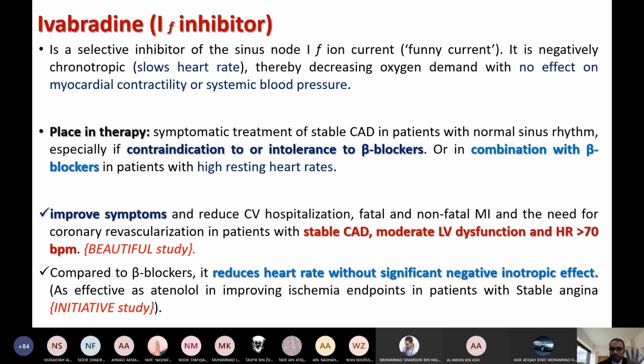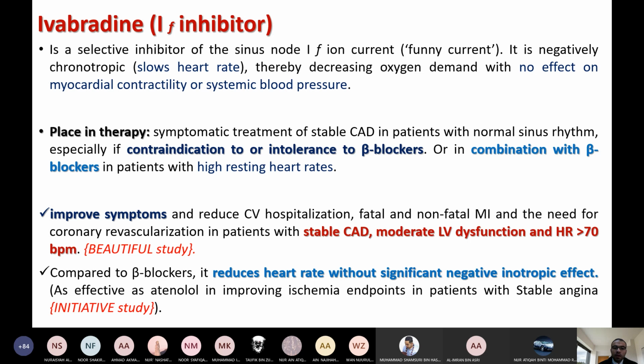As replacement therapy, it can be an option for patients who have contraindication or intolerance to beta blocker, or in some cases can be added on to the beta blocker in patients with a very high resting heart rate, with sinus tachycardia that beta blocker alone cannot control.